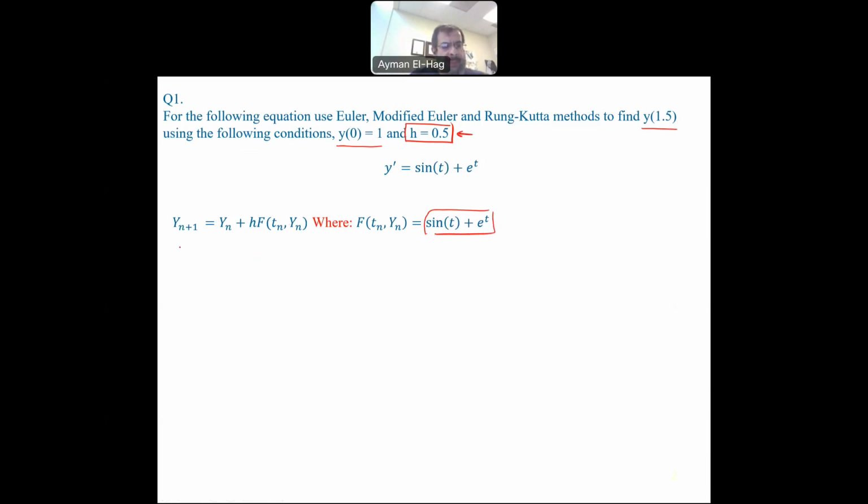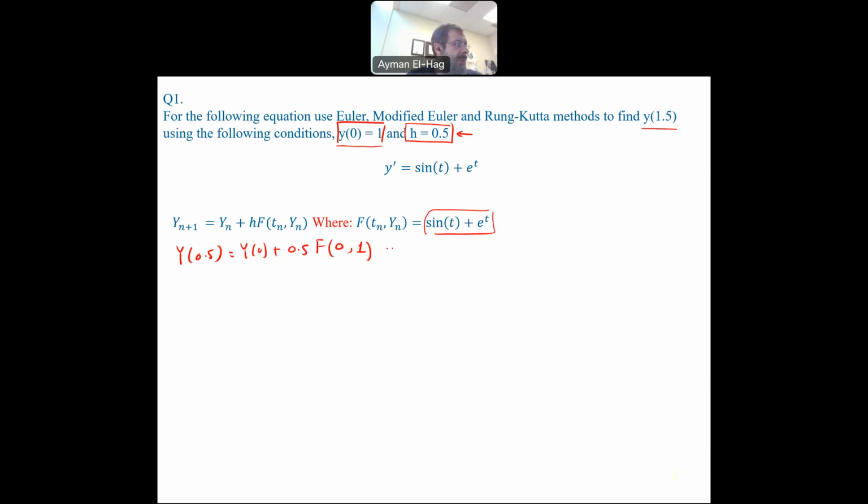So we will start with y at 0.5. This is the next point, and the existing point is y of 0. This is equal to y of 0 plus h, our 0.5, times the function at t_n, which is the previous time, 0, and y, which is 1, since y at 0 is equal to 1.